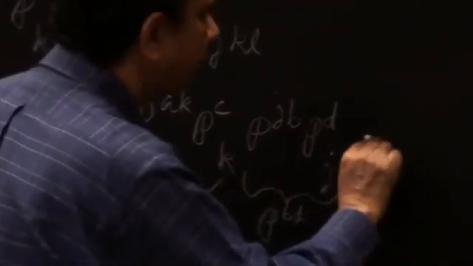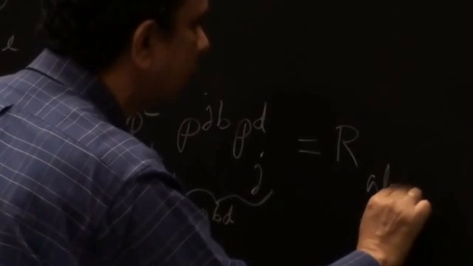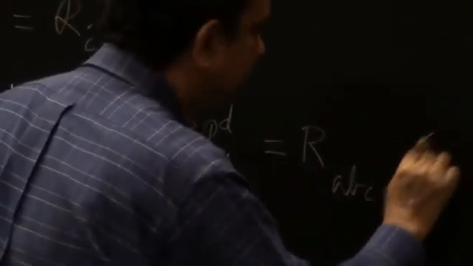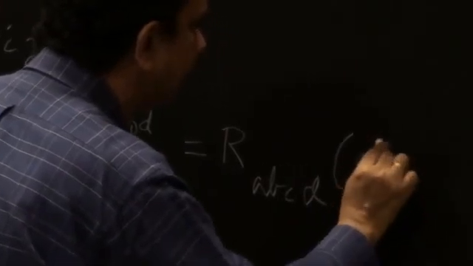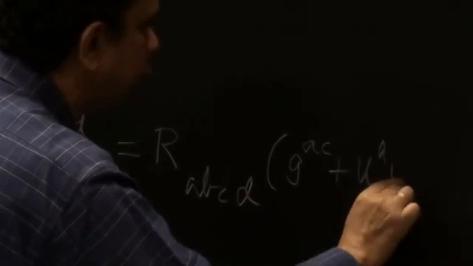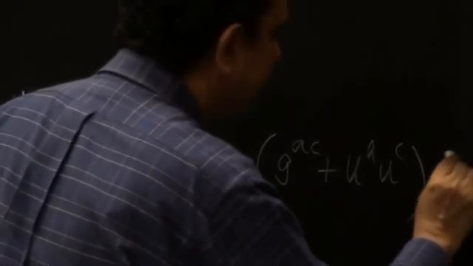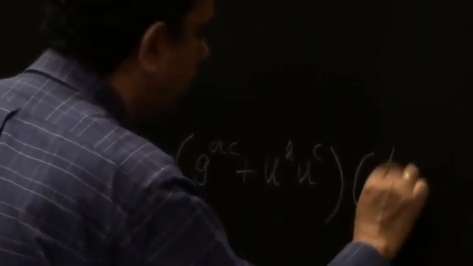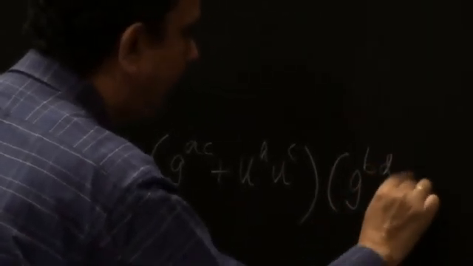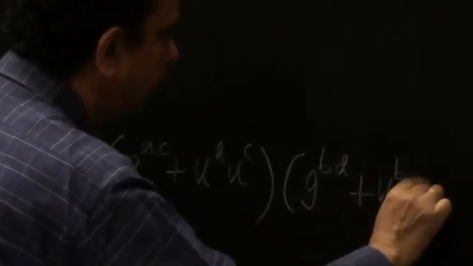So what I am left with is R_ABCD, P_AC, which is G_AC plus u_A u_C, then a P_BD, which is G_BD plus u_B u_D.